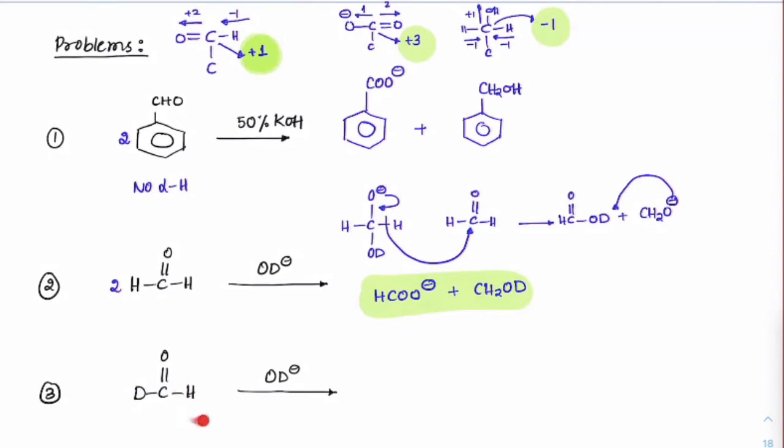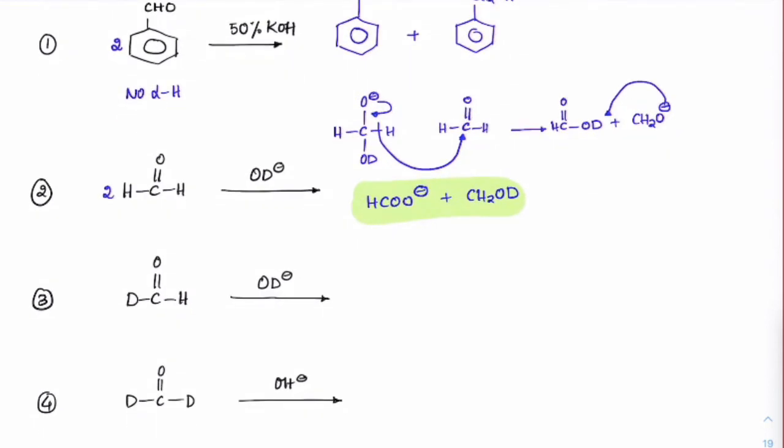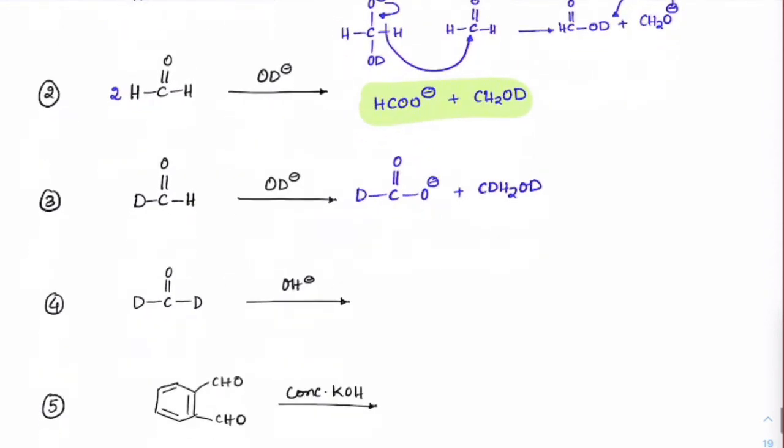So hydride will be shifting here. So what will be the product? We will have DC double bond O, O minus, plus D C, CD H2 OD. This is what you will have. I hope all of you got that.